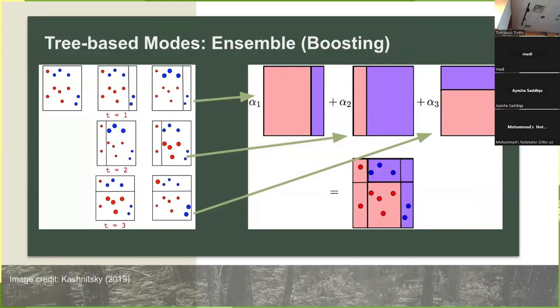Besides bagging, there is an algorithm called boosting. So again, let's start from the original data set that has blue circles and red circles. And in the first step, we take a split and split it into 2 parts and try to group the circles that have the same colors together.